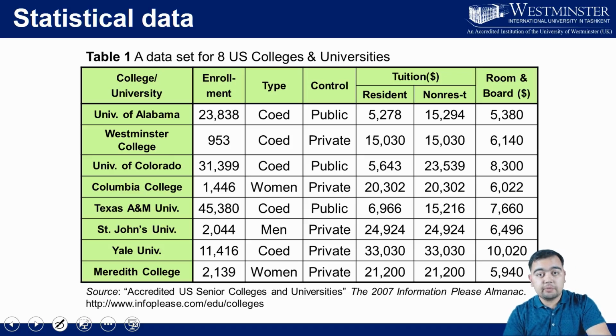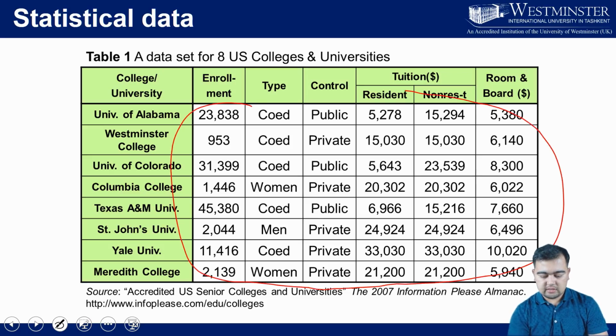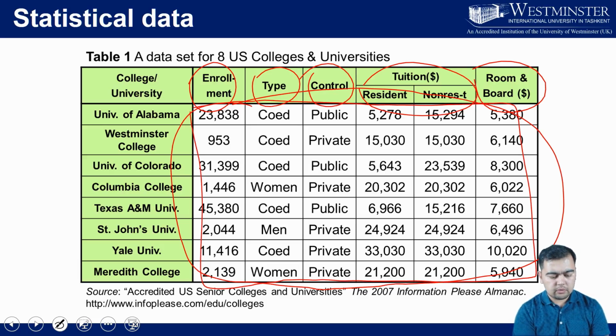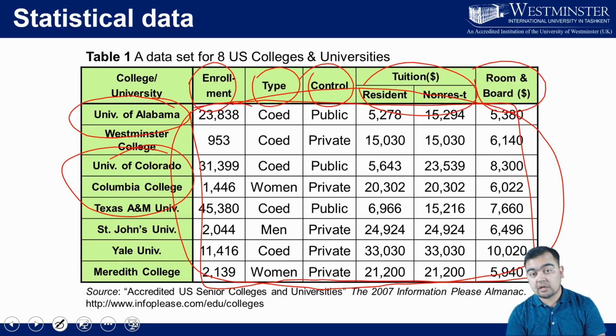Now, this particular table is secondary data as well. Why is that? Because if you look at the actual data set here, it's already grouped. It is already sorted out or tabulated. So when you have these numbers only, and you sort them out according to the universities, according to the colleges, and according to different types of variables, then we call this type of data secondary data.